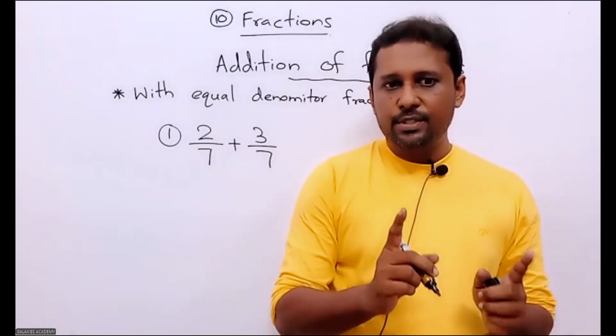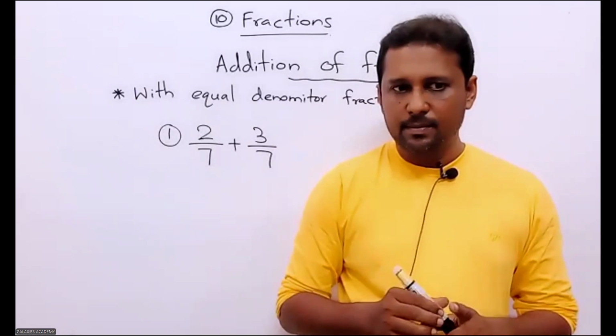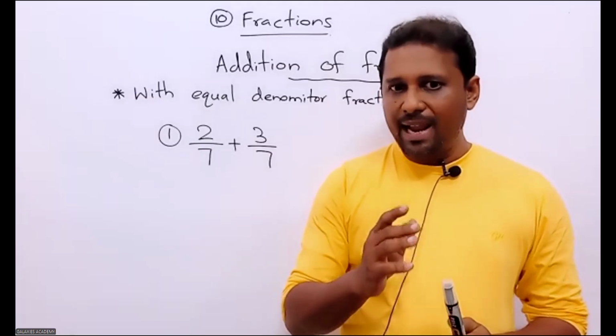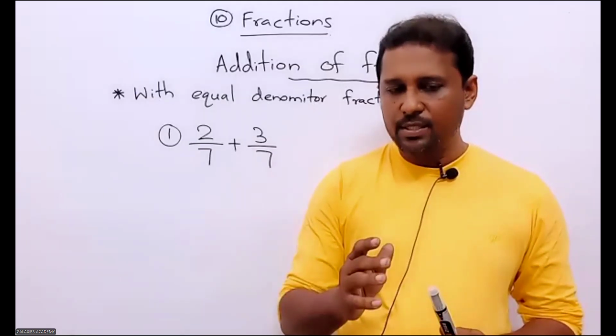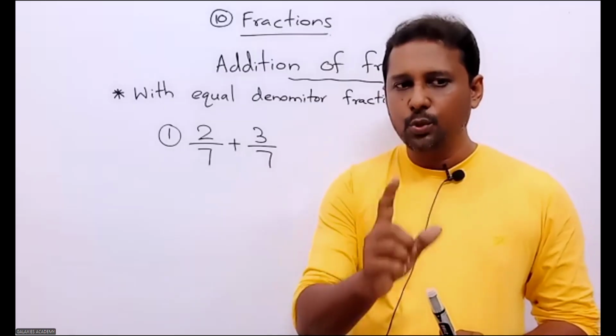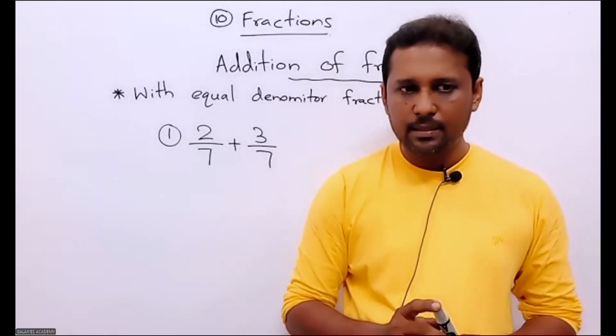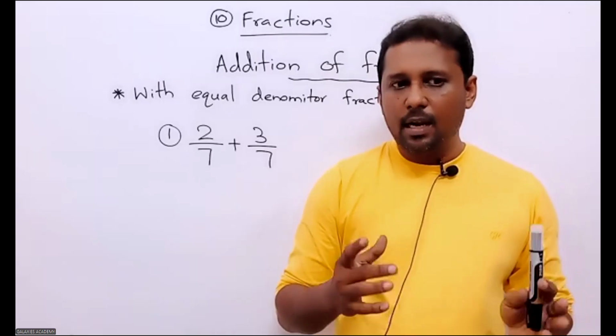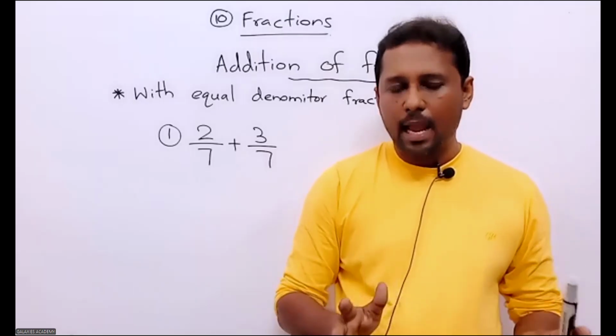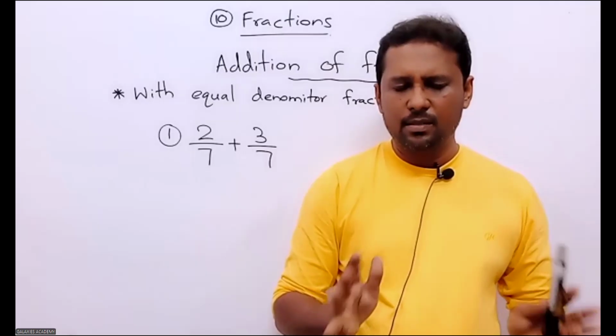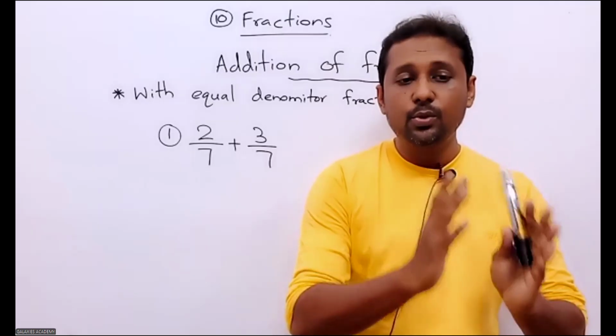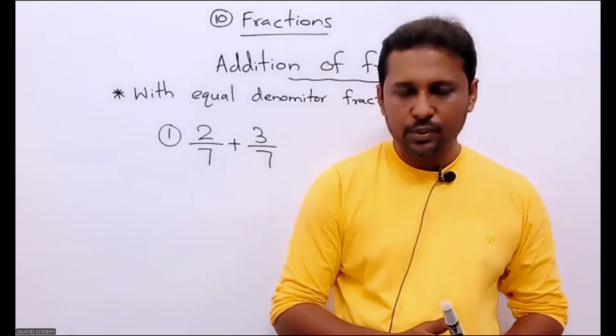First you have to check the denominators. If you want to add or subtract fractions, the denominators should be equal. If the denominators are unequal, we can't add or subtract the fractions. First we have to make them equal. Okay, are you clear?